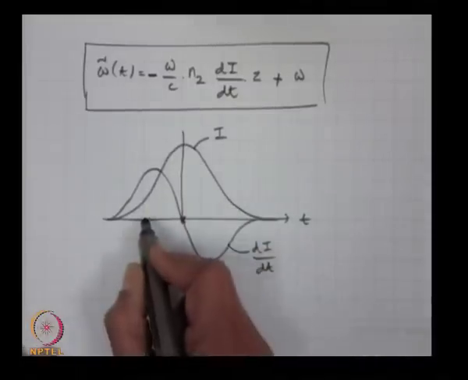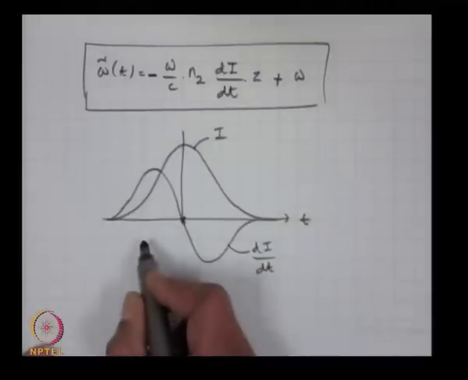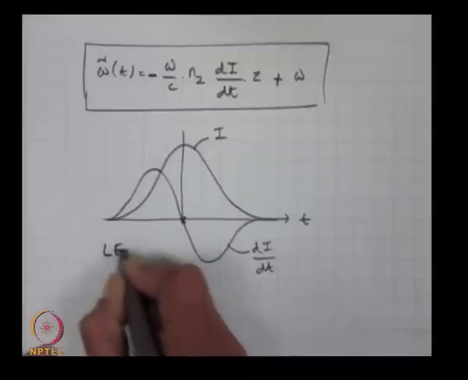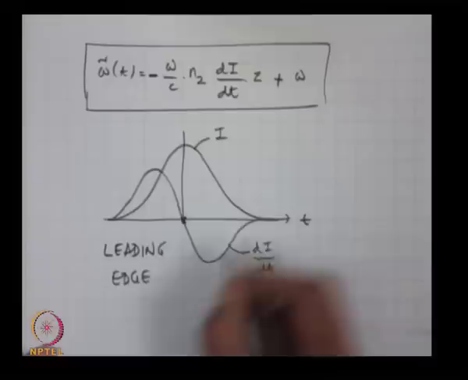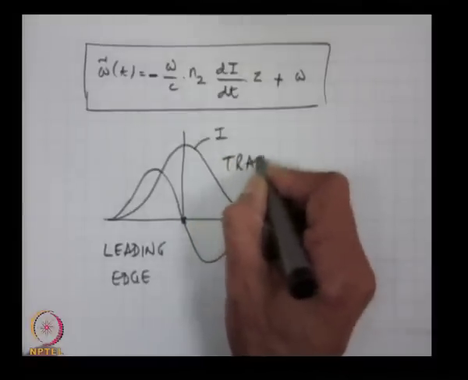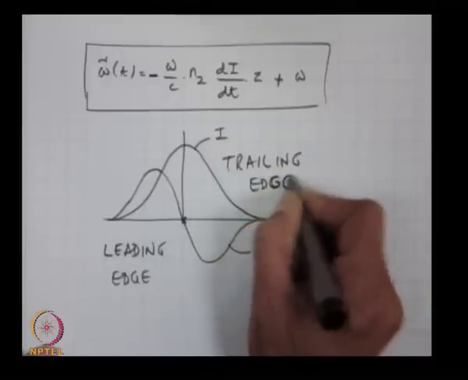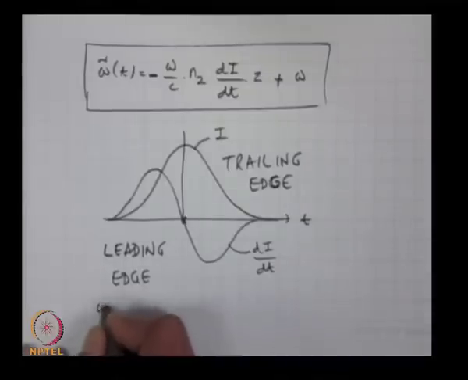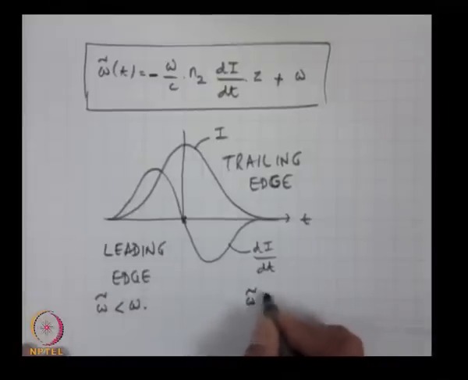So the leading edge has dI by dt positive, which means the instantaneous frequency is lesser than omega. This is the leading edge, and this is the trailing edge. The leading edge has omega tilde less than omega naught, and the trailing edge has omega tilde greater than omega.